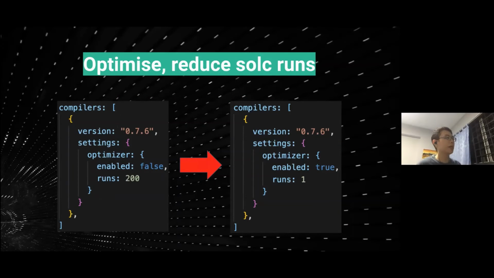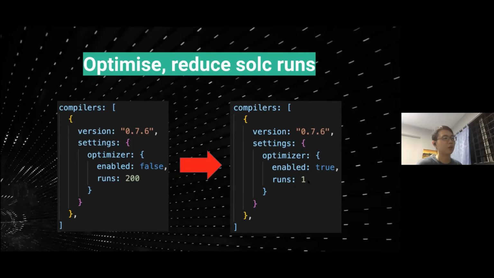Third thing to do is you can turn on optimization, right? This is a setting that you can do on Remix as well, and on Hardhat, and Truffle. Just make sure it's enabled, and then you have runs, right? If you turn it on and leave it at 200, and you realize that your contract size is too big, what you can do is try to reduce it bit by bit, until the lowest limit you can go is 1.